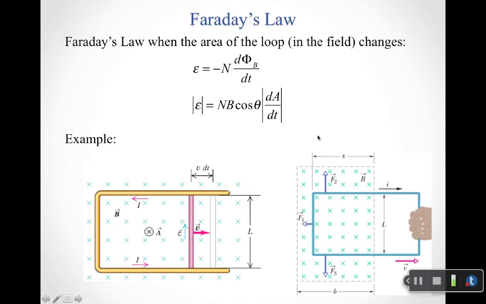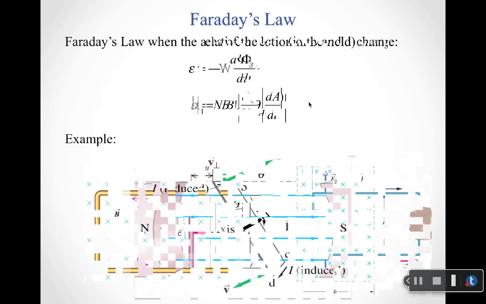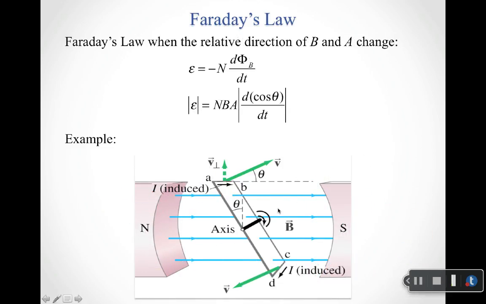One way to change the area is literally to change how big the loop is. The other way is to change how much of the loop is in the field. This will be a second situation in which what I care about is dA/dt. That's really the piece that's changing, that's causing the magnetic flux to change.